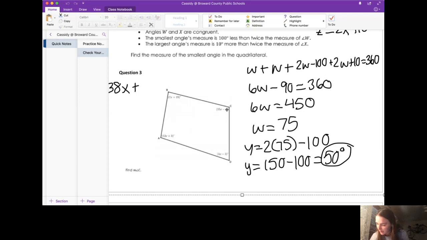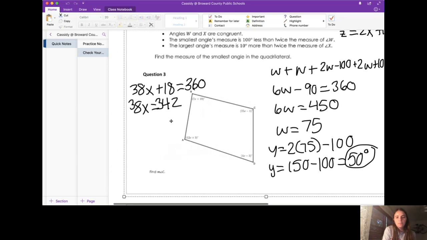Remember, all 4 interior angles have to add up to 360, so we set that equal to 360. We subtract 18 on both sides, and we get 342. So 38x equals 342.